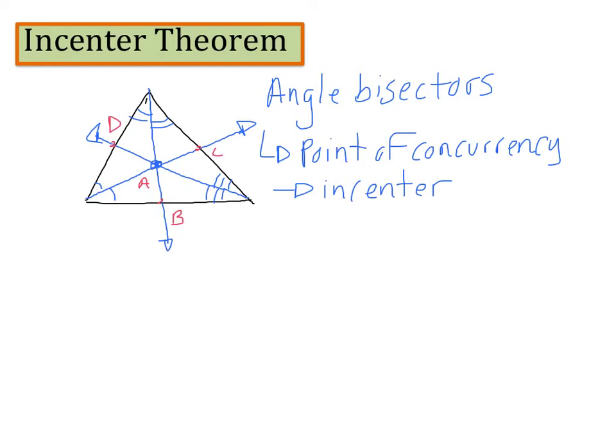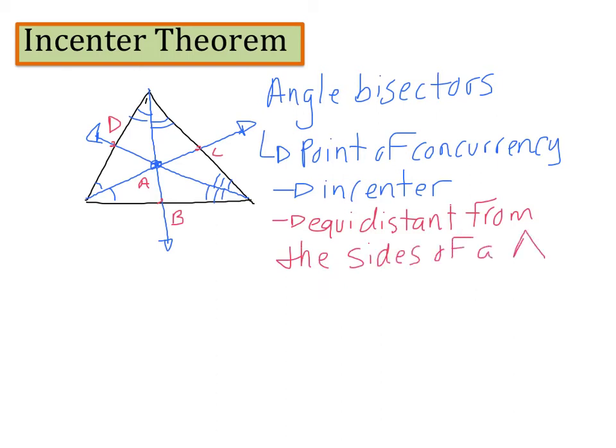Now the Incenter Theorem tells us that the incenter of a triangle is equidistant from the sides of the triangle. So the incenter is equidistant from the sides of a triangle.